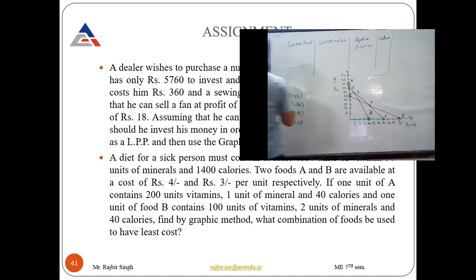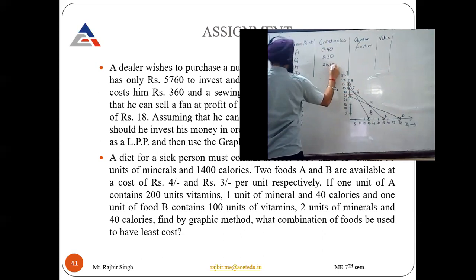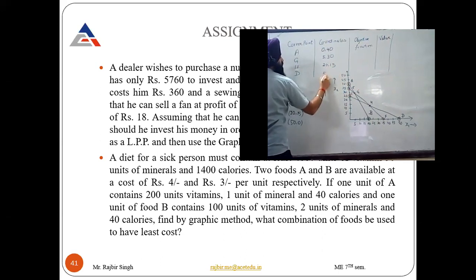So there are 4 corner points: A, G, H, and D. The coordinates are 0, 40, 5, 30, 20, 15, and 50, 0.